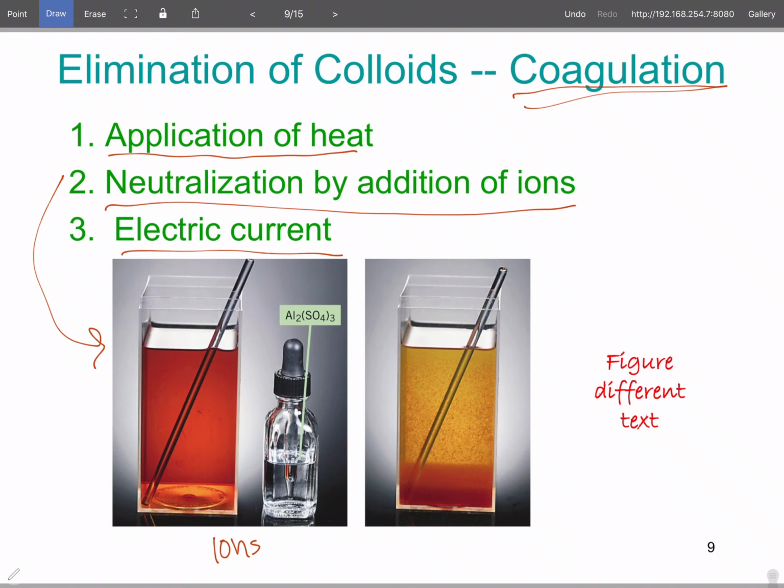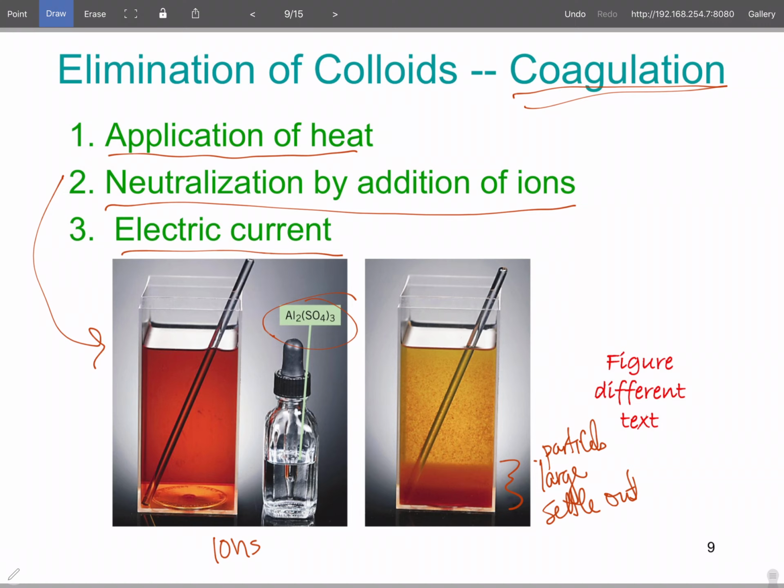And then once they form a large clump, if you'll notice down here, this is where the particles get large and they settle out. And aluminum sulfate is commonly used in water treatment plants to get particles to settle out of water. Okay, that was the first one.